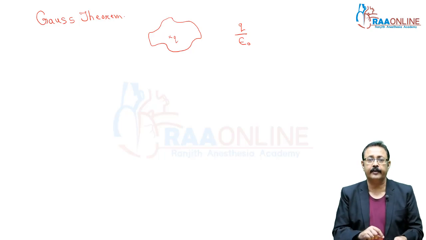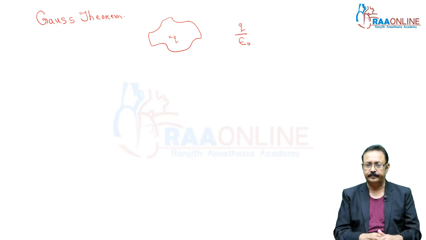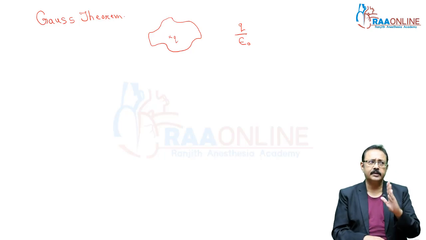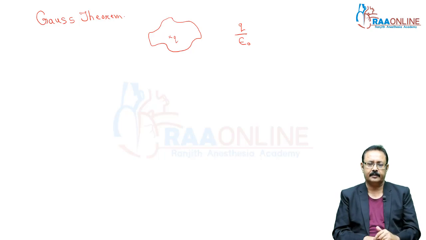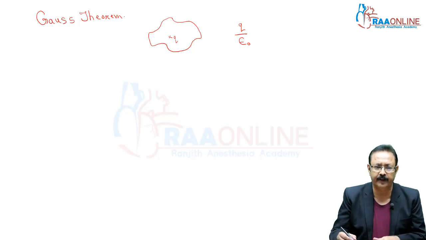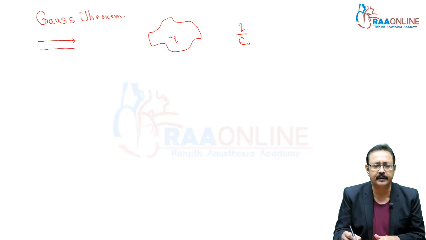What is electric flux? Remember, we cannot see electric field with our naked eyes. So how do we represent electric field on a paper? We do it by electric lines of force.